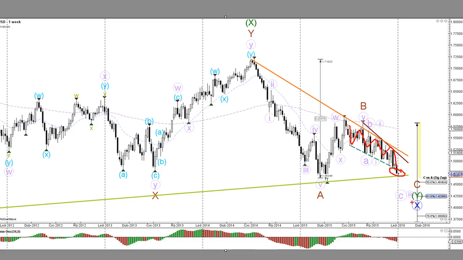But the break of the downtrend channel to the downside could be a first signal of more weakness to come. So let's see how price responds here. It could still bounce, of course, because of the trend line and the bottom. Big bottom here in play at 146.50-ish, I think. So if it bounces off that, it wouldn't be surprising. And then, of course, it depends how it will react here.